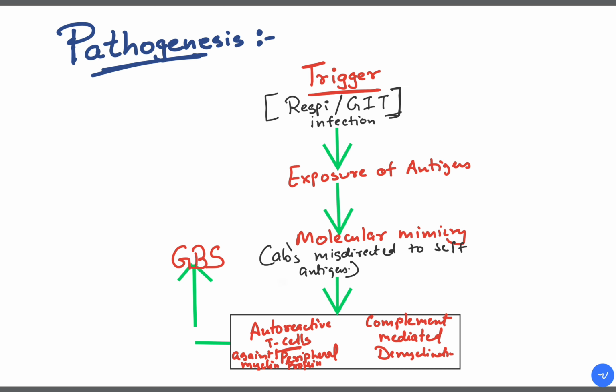Antibodies are misdirected to the self antigen and they ultimately affect our peripheral nerves. How? With the help of autoreactive T cells against peripheral myelin proteins and complement mediated demyelination. Therefore, in GBS, both the cellular and humoral immunity play a role, ultimately leading to GBS.